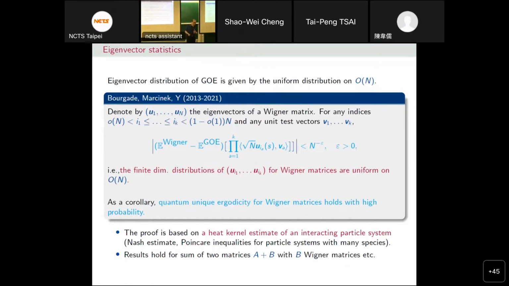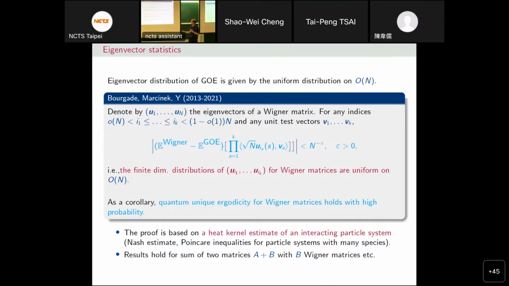But what you can do is take an eigenvector, project it to a finite dimensional space, and ask that this projection is the same as those given by the orthogonal group. This statement, that the projection into finite dimensional space will converge, was correct for a large class of random matrices.